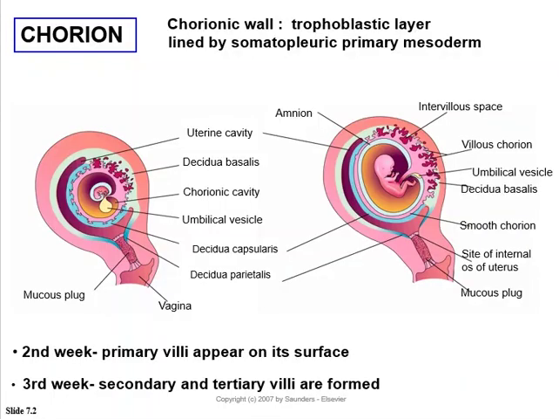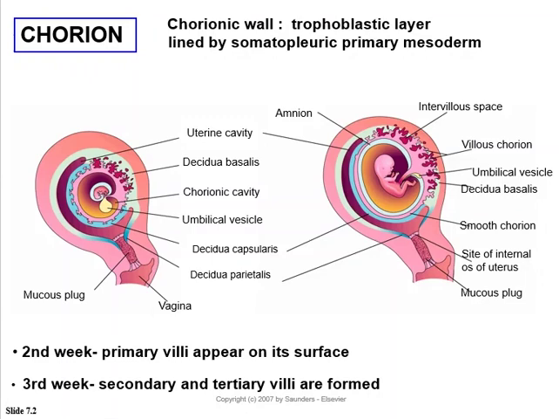Regarding the chorion, the chorionic wall is formed by the trophoblastic layer, and the trophoblastic layer is lined by somatopleuric mesoderm, as we mentioned in the previous lecture.